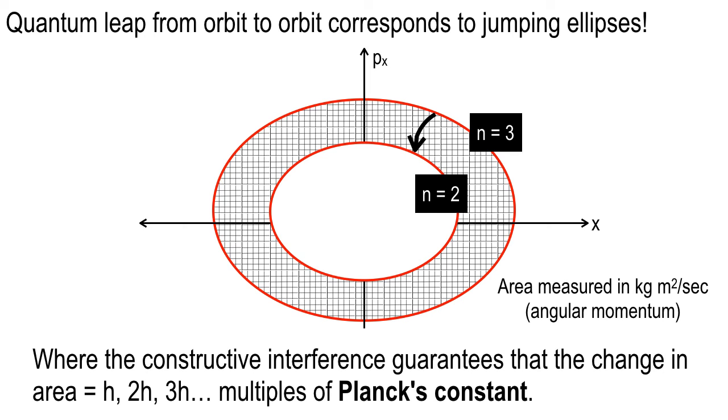When you do the phase space reconstruction of them, the differences, the jumps in phase space are in units of Planck's constant, h. So multiples of h, 2h, 3h. So if you jump down from n equals 3 to n equals 2, you've jumped down in phase space by a factor of h. That's Planck's constant.